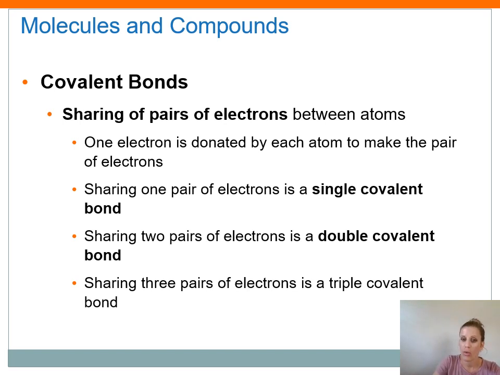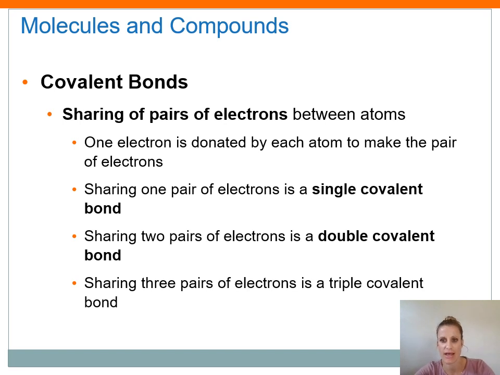If they share 1 pair of electrons, we refer to that as a single covalent bond. We draw it with 1 line. So like H, 1 line, H. That's telling us that these 2 hydrogens are sharing 1 pair of electrons. They can share 2 pairs of electrons. That's a double covalent bond. So like carbon with carbon.